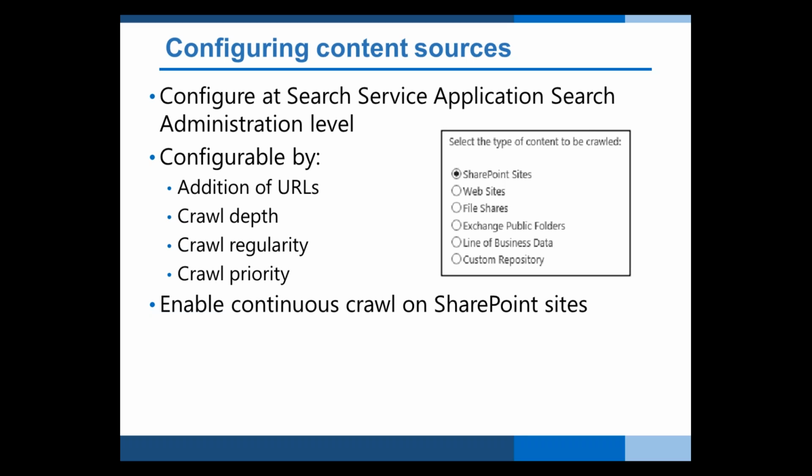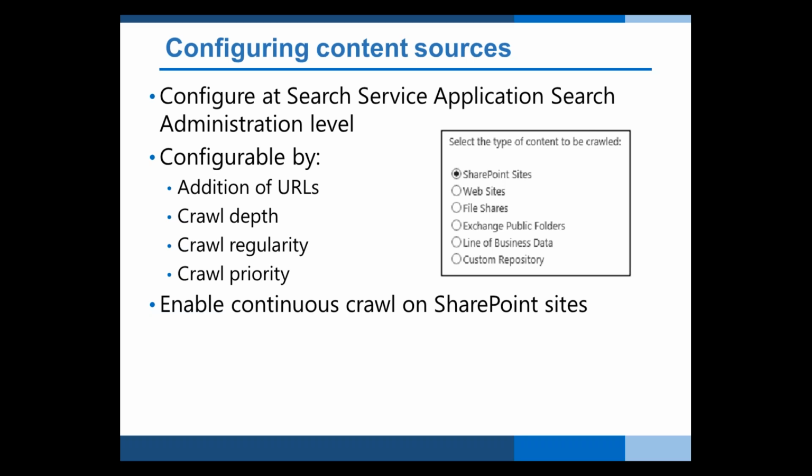Now, the other items to think about is when you build your content source, what type of crawl is going to run? What depth are you going to crawl? How regular will you crawl the information? And if we do have a conflict, who wins that through a priority? We do have an additional crawl now on SharePoint sites called a continuous crawl. So the first crawl we do is a full crawl.